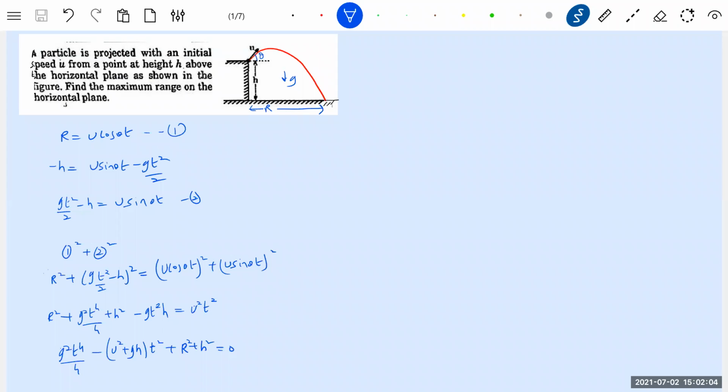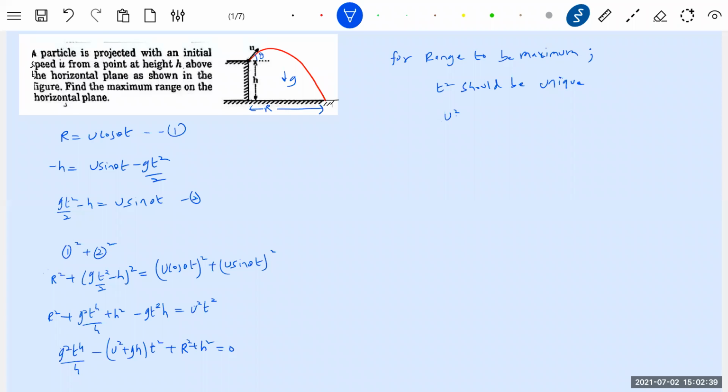So b square minus 4ac should be equal to 0 for range to be maximum, for range to be maximum, t square should be unique.